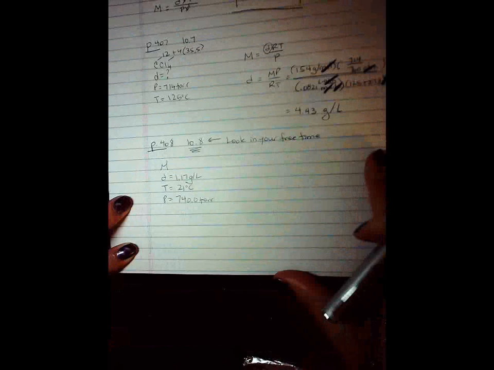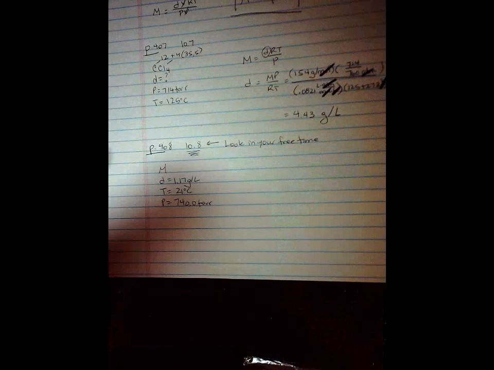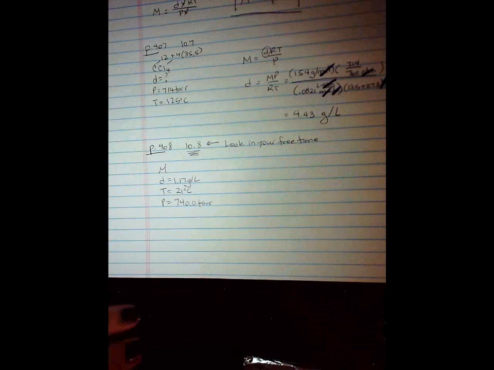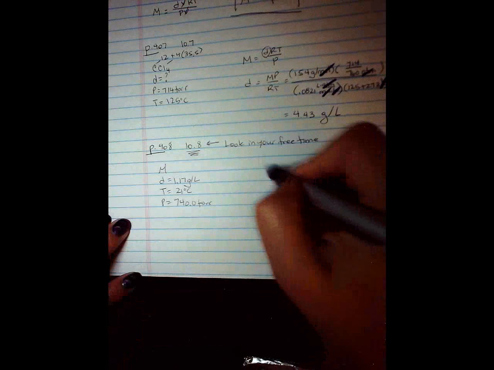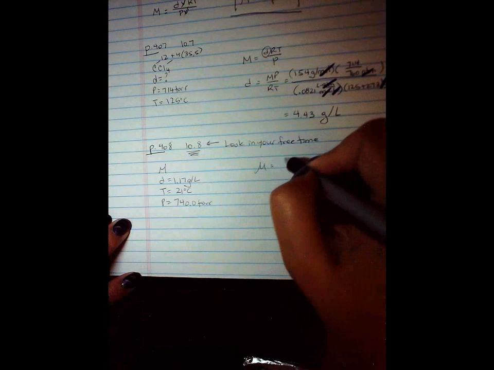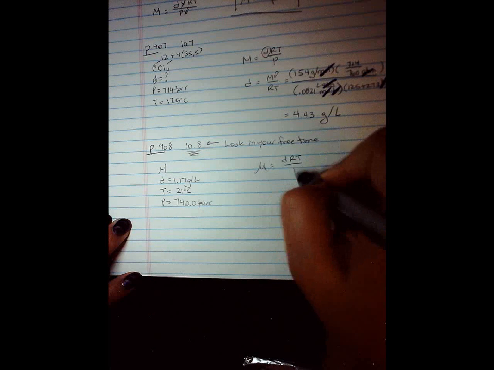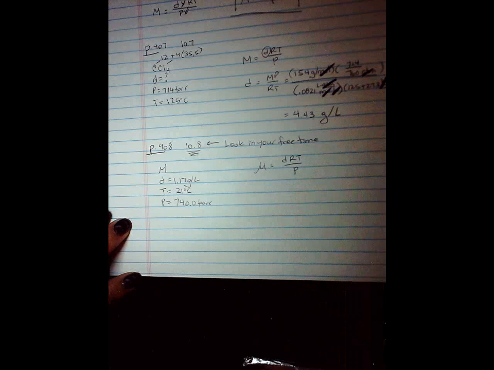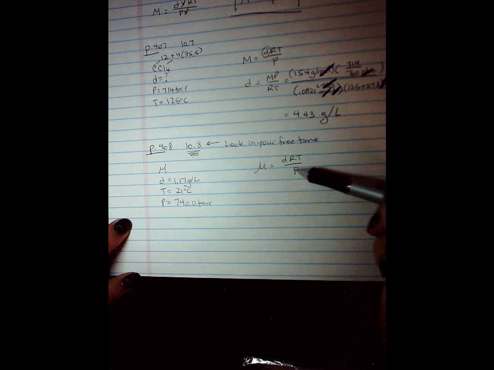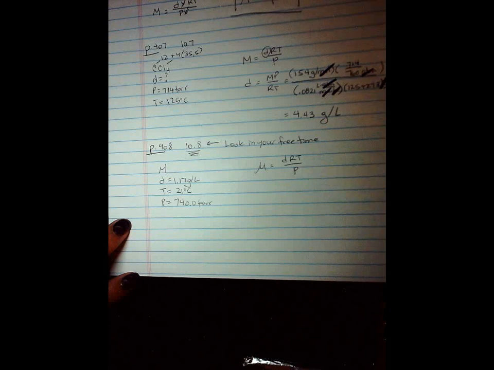Okay, let's start with the equation that relates density and molar mass. Well, what is that equation? M equals dRT over P. Just memorize this. This particular equation is not on the reference sheet for the AP exam, but it makes life so much easier if you use it. Okay?